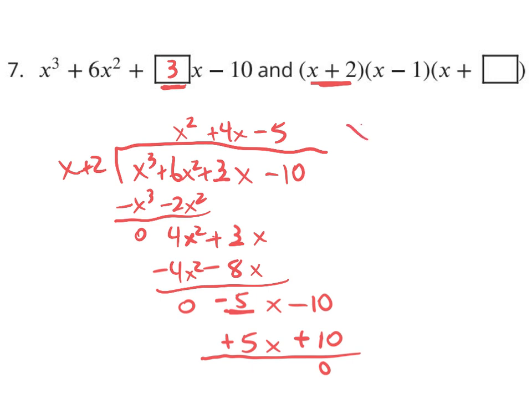So now I get x squared plus 4x minus 5 this time. So I'm getting negative 1. To factor this trinomial, x minus 1 I'm already given. 1 times 5, so this must be plus 5. How do I know it's plus 5? 5 minus 1 is 4. Negative 1 times 5 is negative 5, so this must be plus 4.